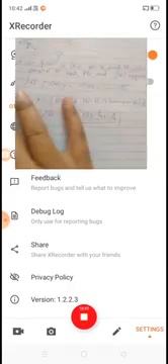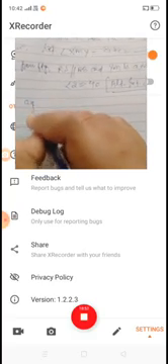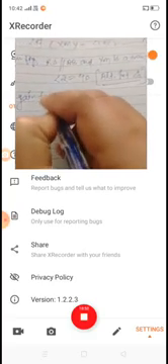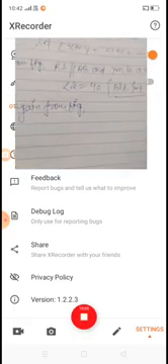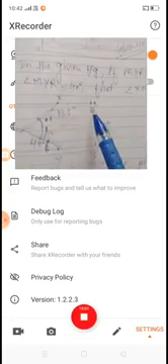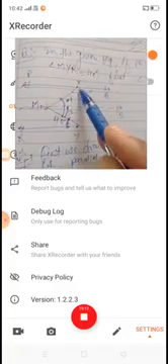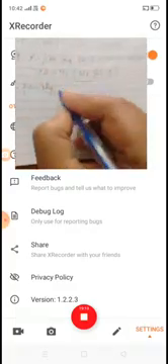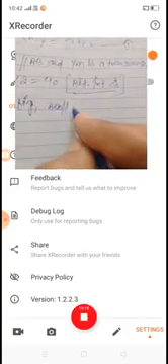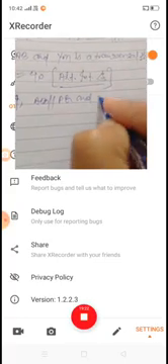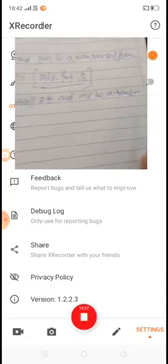Now again from the figure, we take line AB parallel to PQ and MX as a transversal.